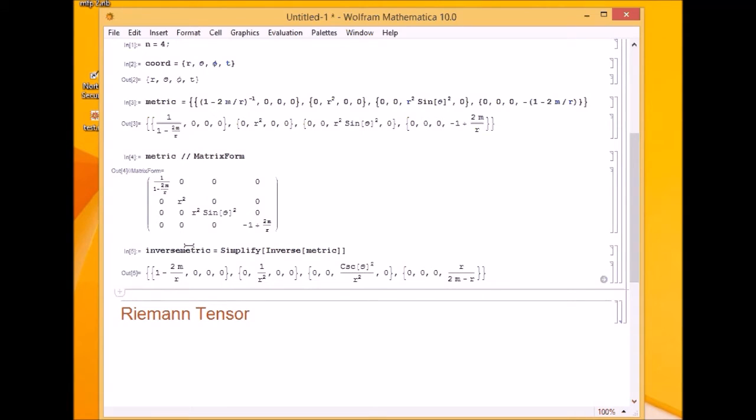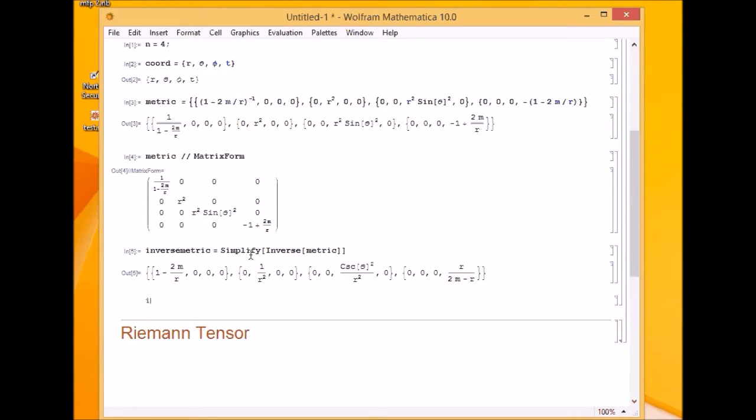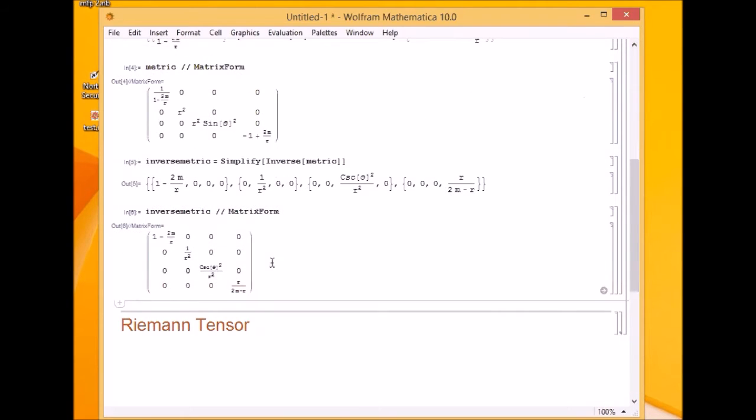So this gave me the inverse. So I can also view it in the matrix form. And this is what it is. If it's really the inverse, metric product with inverse metric should give me 1, because A into A inverse is 1. That is identity matrix.